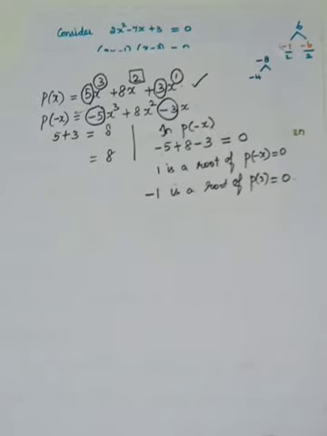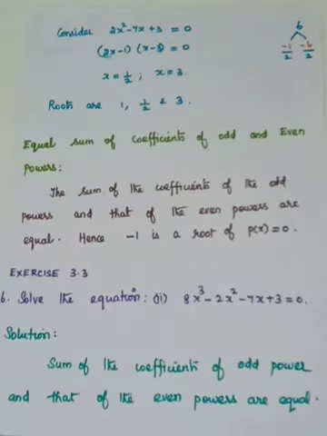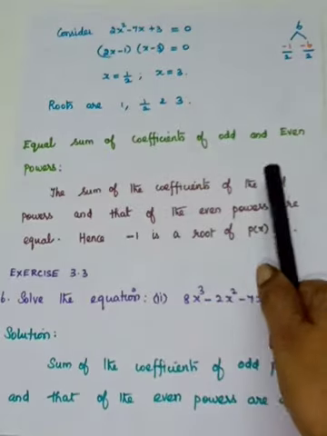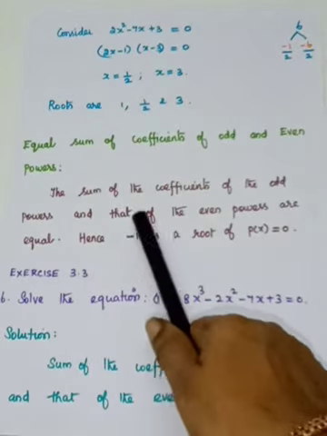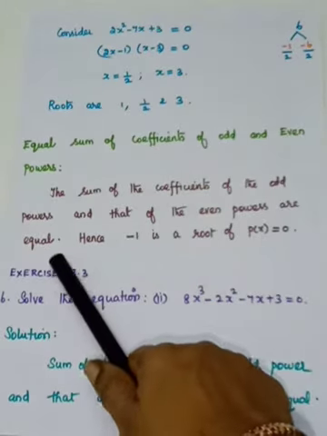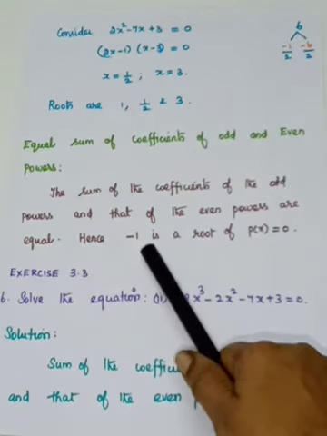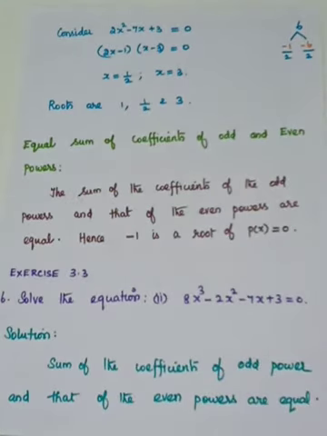That is your conclusion. Okay, you see now here the sum of the coefficients of the odd powers and that of the even powers are equal. What's your conclusion? Hence minus 1 is a root of p of x equal to 0.